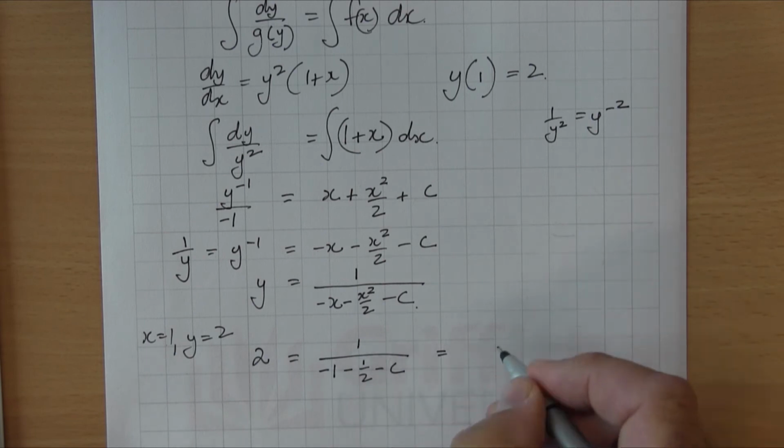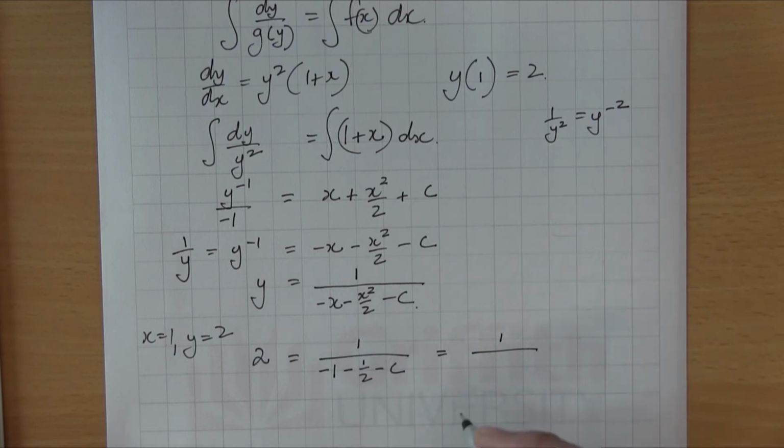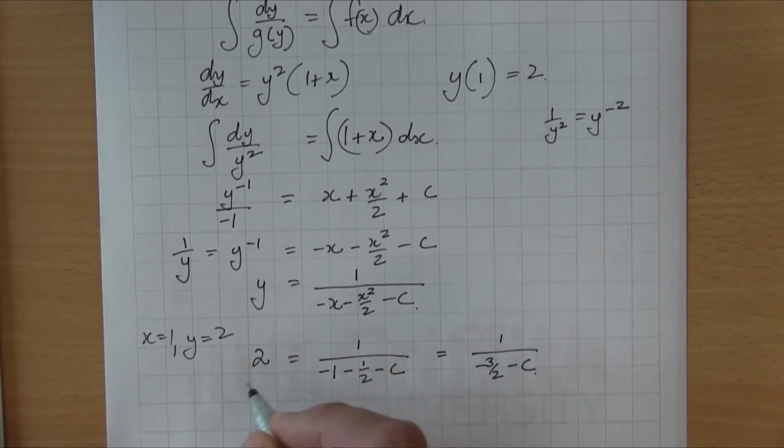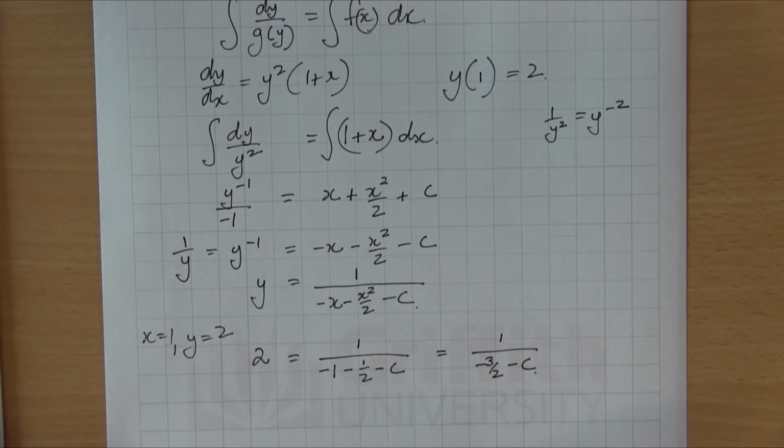We can make this a little bit better as 1 over (minus 3 on 2 minus... ) that's equal to 2, and 2, don't forget, is 2 over 1. So if we cross multiply, we multiply the 2 times the bottom. 2 times negative 3 on 2 is negative 3, 2 times negative c is negative 2c, and we cross multiply the other side.